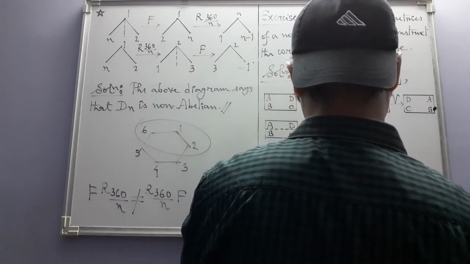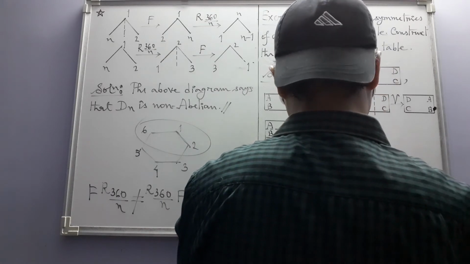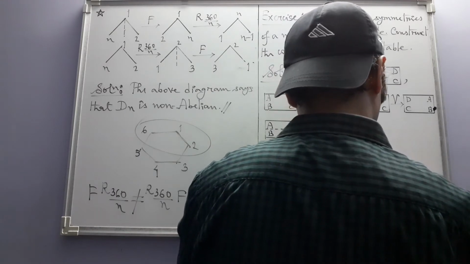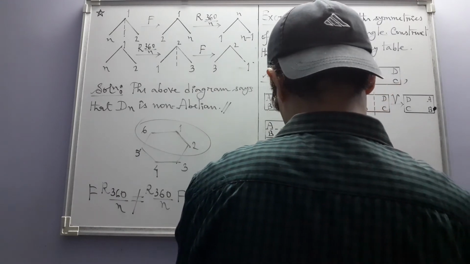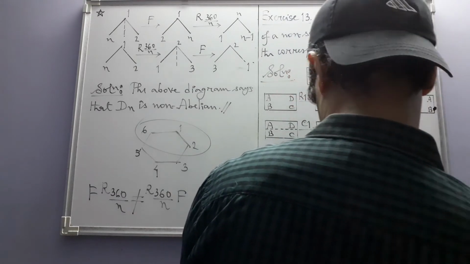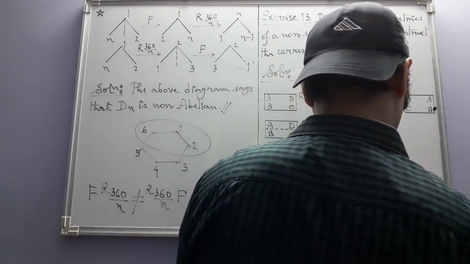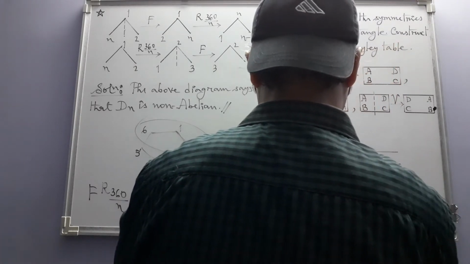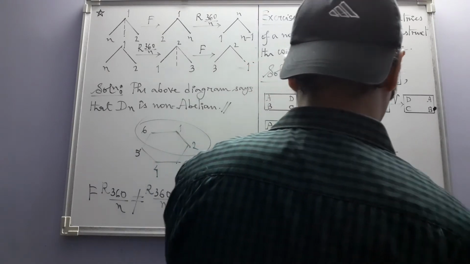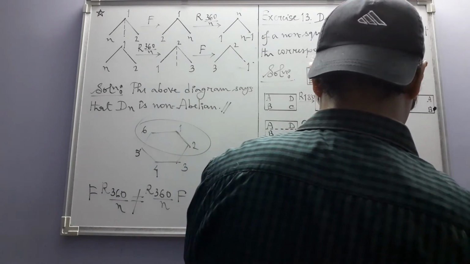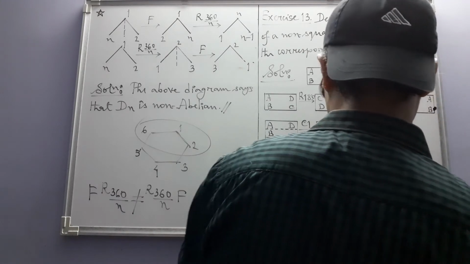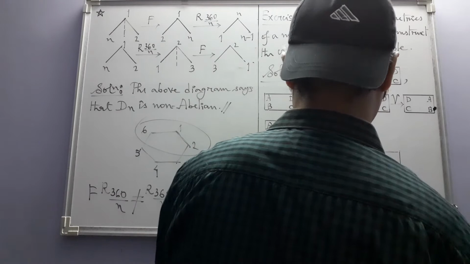One, 2, 3, 4, 5, and then 5 columns. 1, 2.